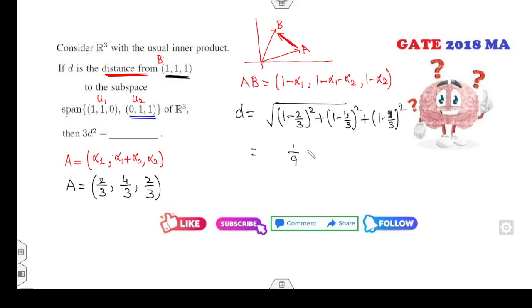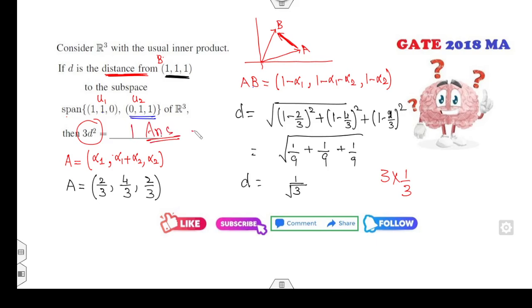So 1 over 3 squared is 1 over 9, 1 over 9, 1 over 9. So that will be 1 over root 3. Now your target is to find 3 times d square. 3 times d square is 1, which is the right answer of the problem.